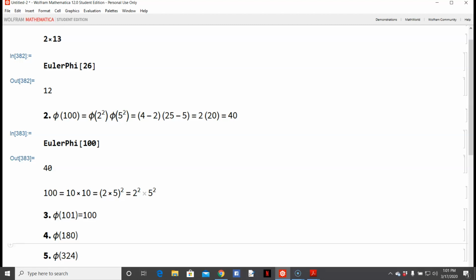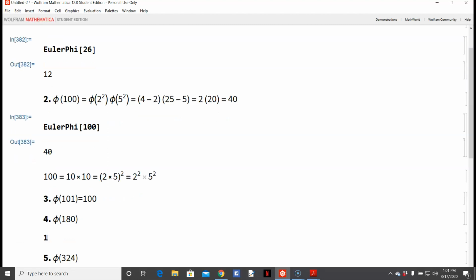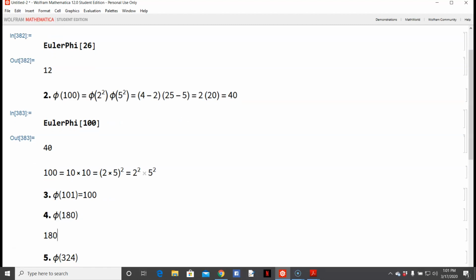Okay, well again, I'm going to have to start factoring it. I know that 180 is 3 times 60. Those are not relatively prime. That's not going to work, so we need to keep going. So that's 3 times 60. 60 is what? 3 times 20.